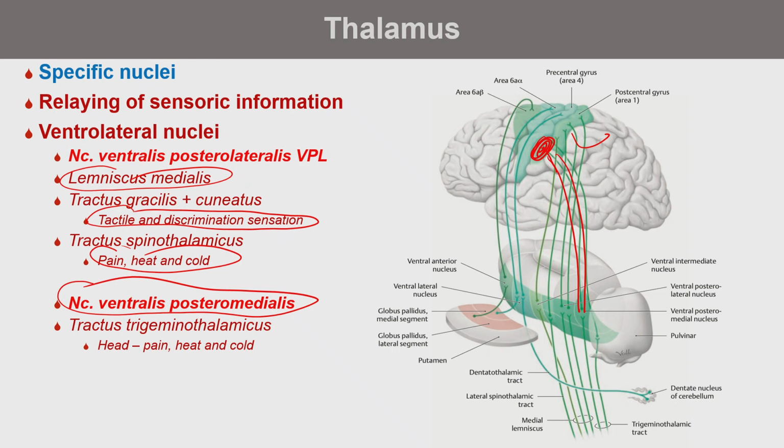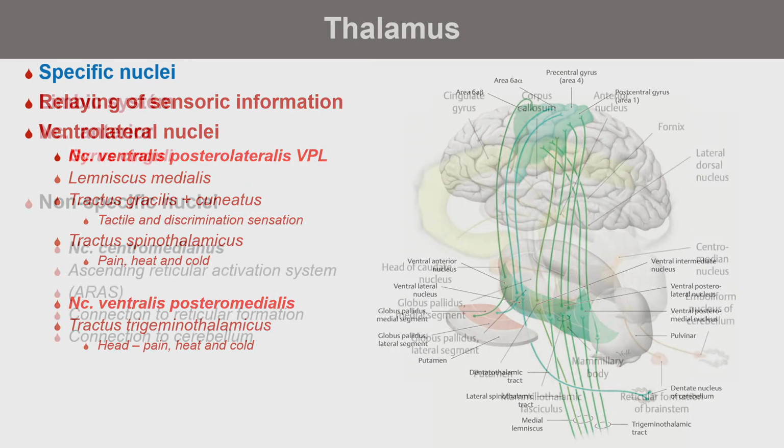We have heard in the last lecture that sensations from the skin, sensations from the proprioception of the muscles from the head and partially the neck are transmitted by the trigeminal nerve, and this projection is similar to the rest of the body.